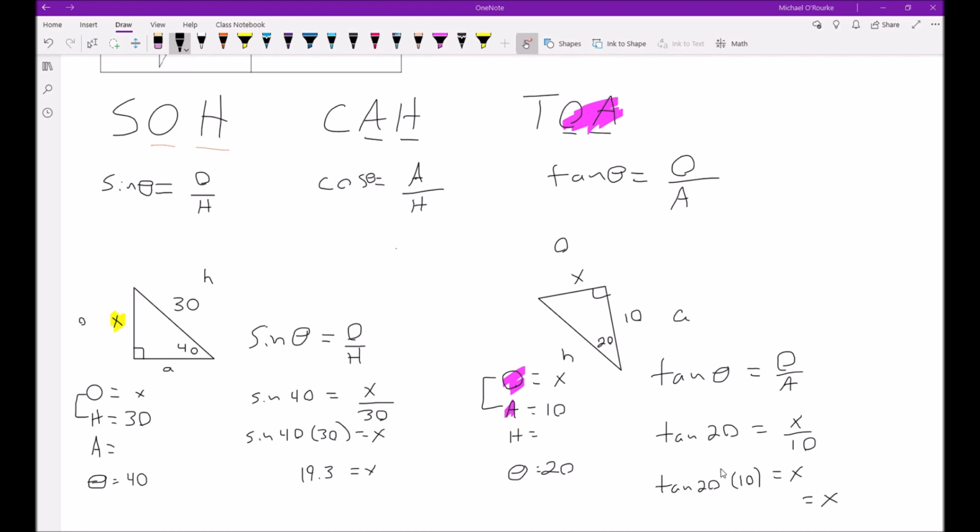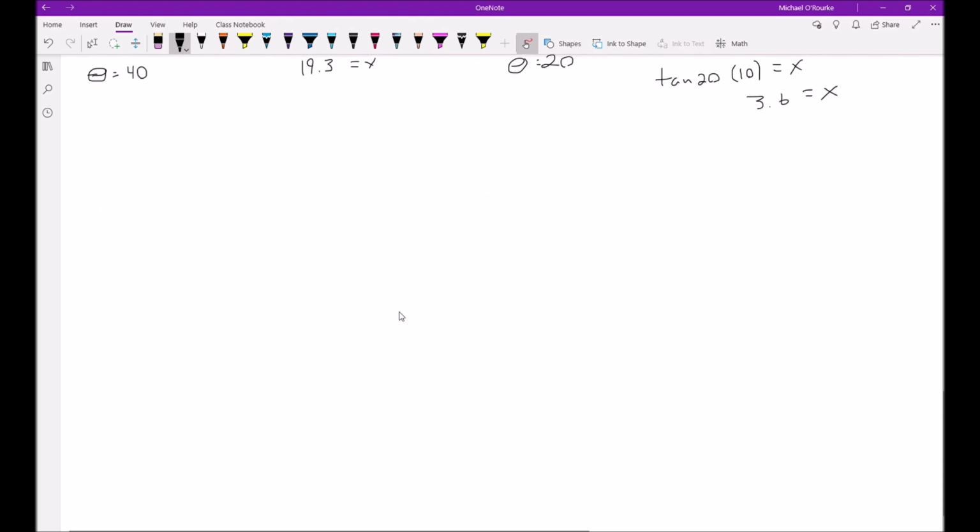So 3.6. If you have a calculator like this, I could also go 10 times tan 20 equals 3.6. There we go. So that's question 1 you could get.